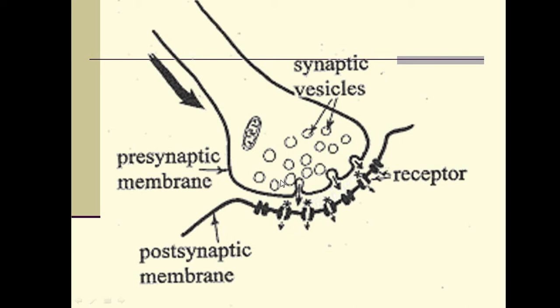Let me tell once again: the action potential triggers the release of neurotransmitters, which cross the synaptic cleft and bind to the receptors in the postsynaptic ending of the dendrite.